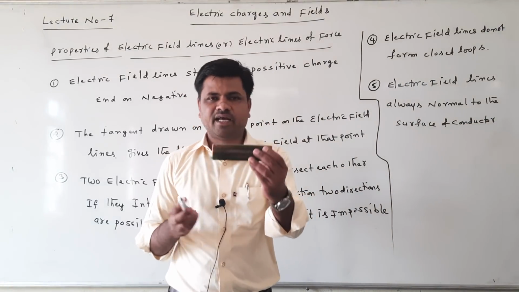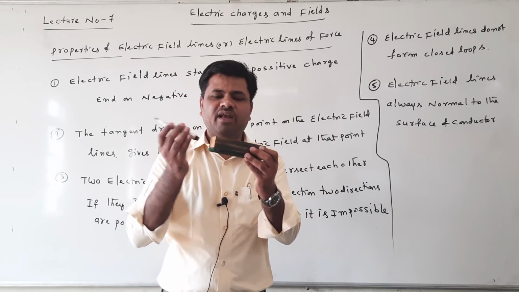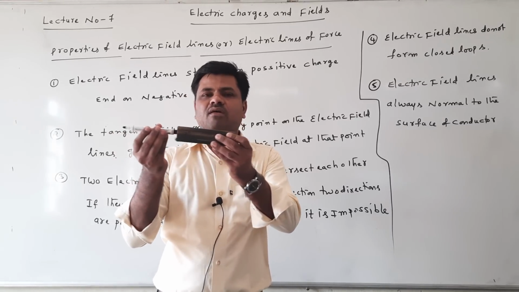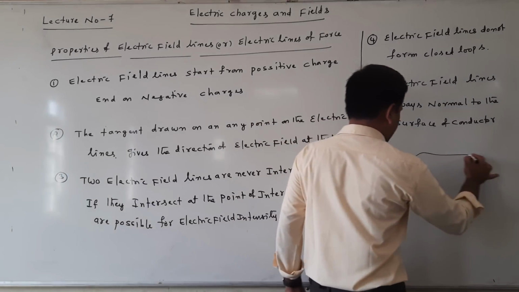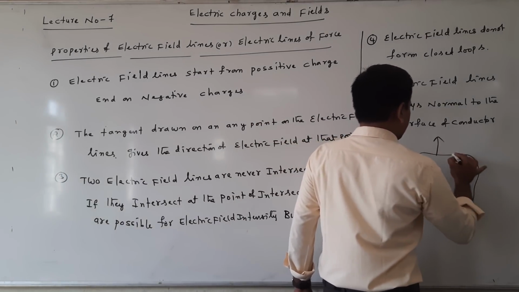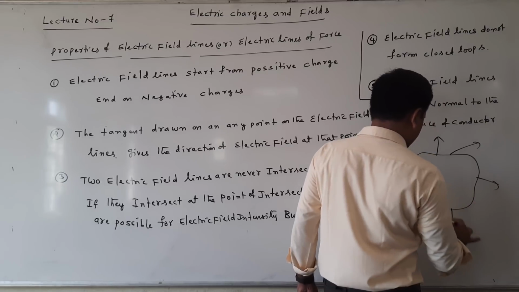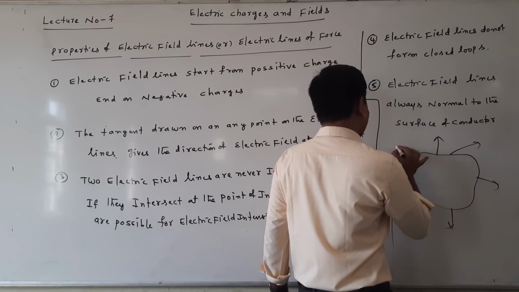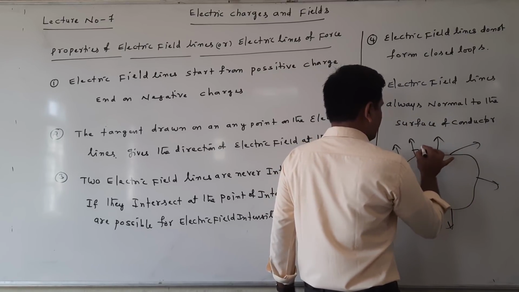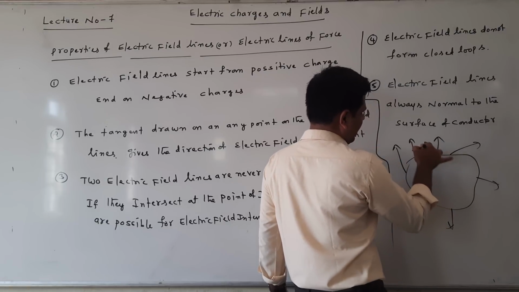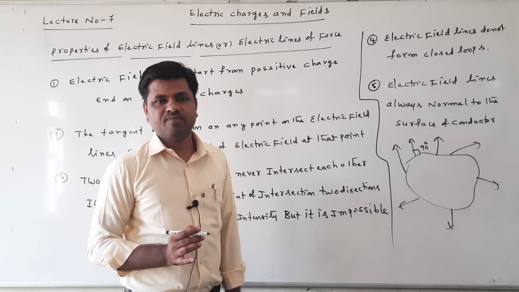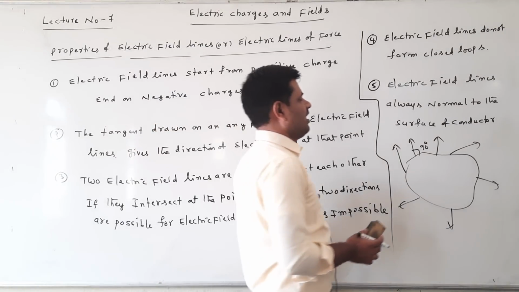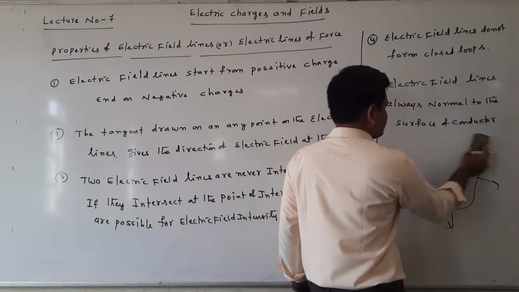Suppose this is a conductor I have taken. The electric field lines are normal, like this, to the surface of the conductor. Normal means perpendicular to the surface of the conductor. How many degrees is there between the electric field lines and the surface of the conductor? 90 degrees. So we say that electric field lines are always normal to the surface of the conductor.